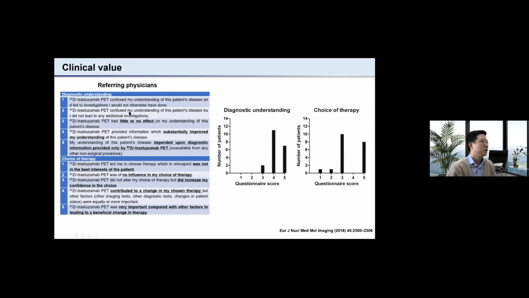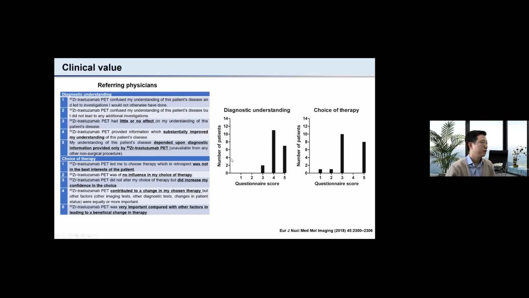So you can see for the diagnostic understanding, most of the questionnaire responses were a score of 4 or 5, which means PET provides information which substantially improved my understanding of this patient's disease. And 5 means the referring physician's understanding depended only on HER2 PET. So which is very nice.